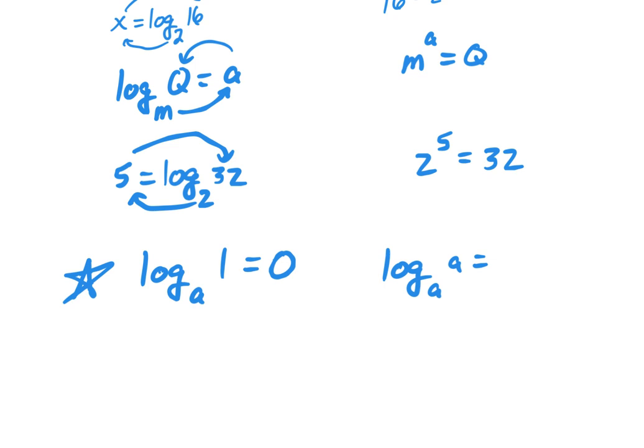So if the log and the base are the same number, same variable, then my log will always equal 1. And so that's another one I'm going to put a star by that we should know. Okay, so those are some of the basic log rules.